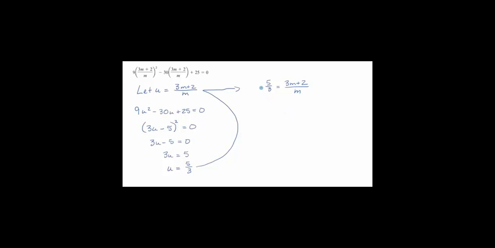And then you see here you have a rational equation or a proportion where you have a fraction equals a fraction. So if you can recall, you can go ahead and cross multiply there. So 5m equals 9m plus 6. That gives me negative 4m equals 6, and m equals negative 3/2.